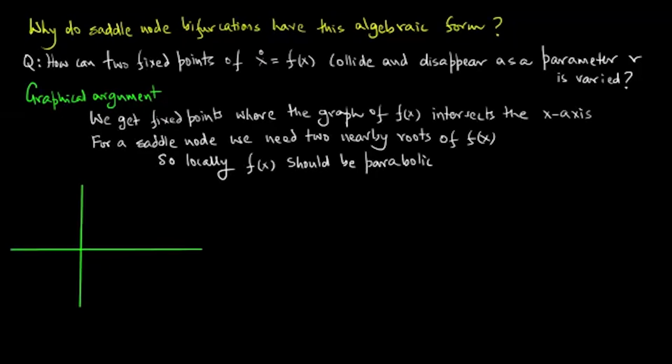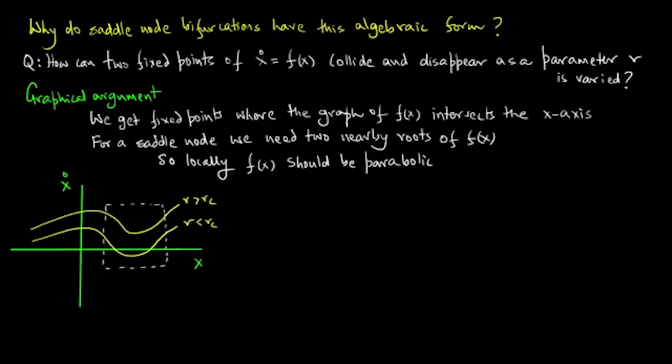So plotting x dot versus x for a function f of x, that's what we have for r greater than r critical, and that's what we get for r less than r critical. So if we look closely, we find that f of x actually looks parabolic.